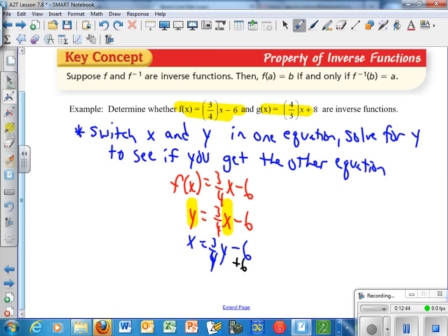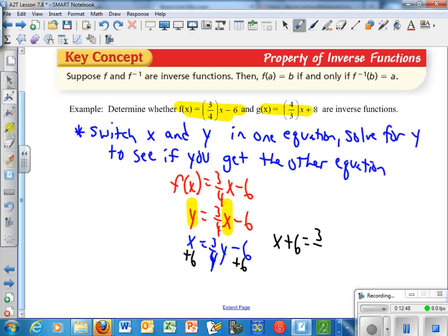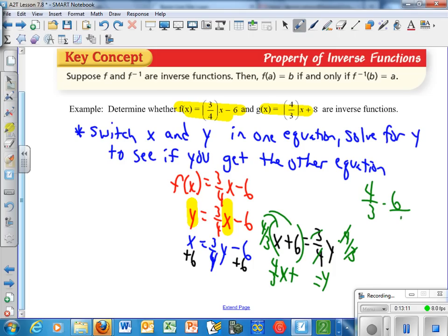So I'm going to add 6. So I have x plus 6 is 3/4 y. Now you got to do a lot with multiplying by the reciprocal here. So I'm going to multiply by 4/3 to cancel out here. So I'm going to take this side and I'm going to multiply by 4/3. Now you need to distribute. So I get 4/3 x plus, now if I do 4/3 times 6, if we don't do any reducing right away, it'd be 24 over 3, which is 8.